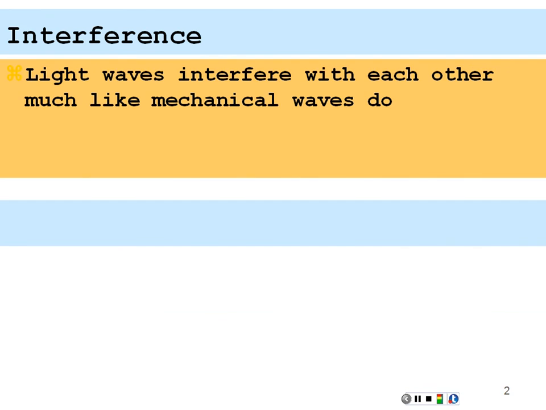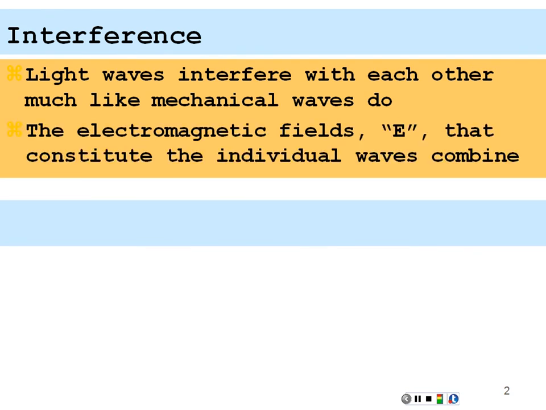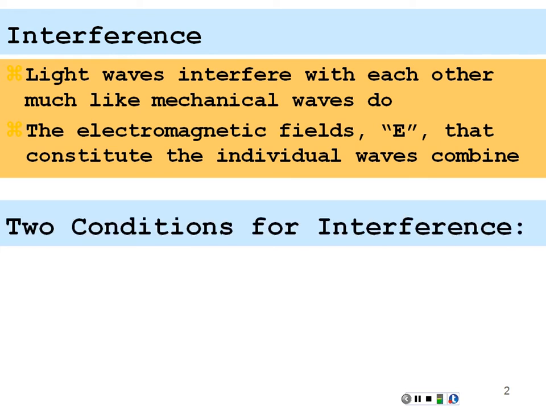Light waves do interfere with each other, much like mechanical waves do, and it really depends on the amplitude of their electromagnetic field vectors. These electromagnetic field vectors, the amplitudes, can combine if we consider two conditions for this to happen.